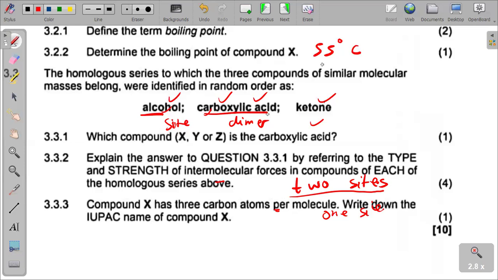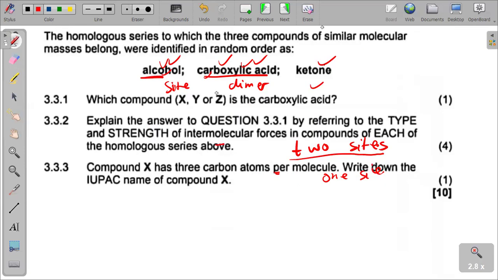The major reason is that, of course, both carboxylic acids and alcohols have hydrogen bonds, but carboxylic acids have two sides for hydrogen bonding, unlike alcohols, which have one side. So in as much as they both have strong intermolecular forces, carboxylic acids have a higher boiling point than the alcohols due to the reason mentioned above.